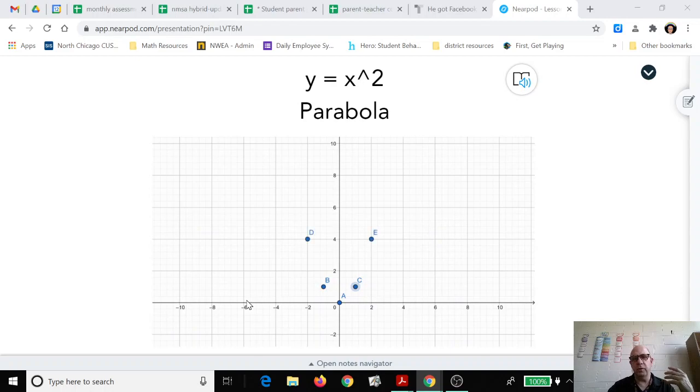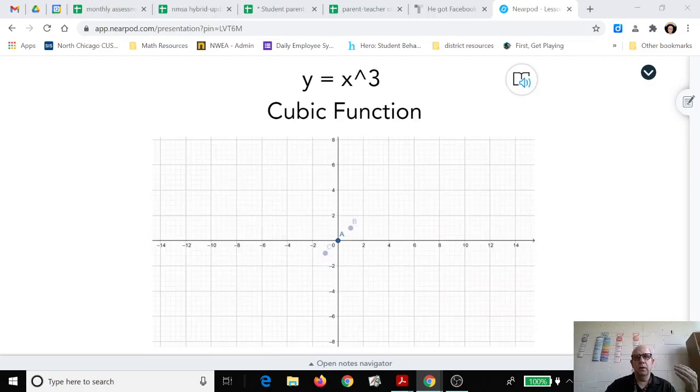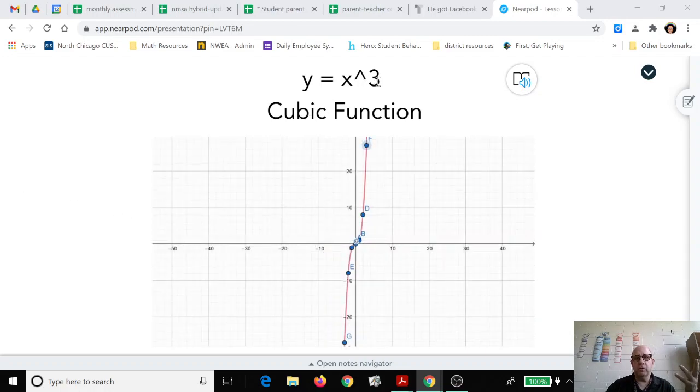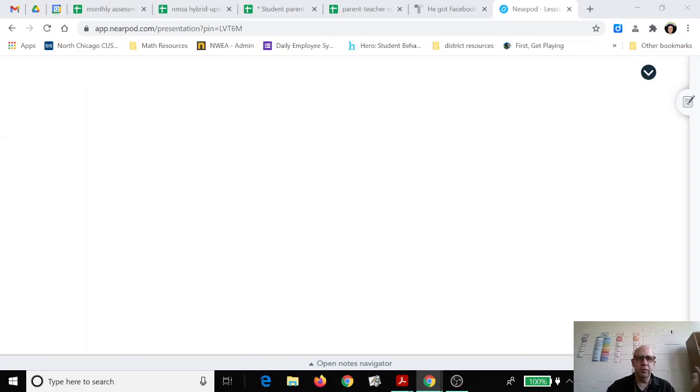Nonlinear equations are pretty easy, but there's a bunch of them. So I've got a bunch of examples of what they look like, and the type of equation is at top. y equals x to the power of 2 is a parabola. And then the cubic function, y equals x to the power of 3. And there's a bunch of them.